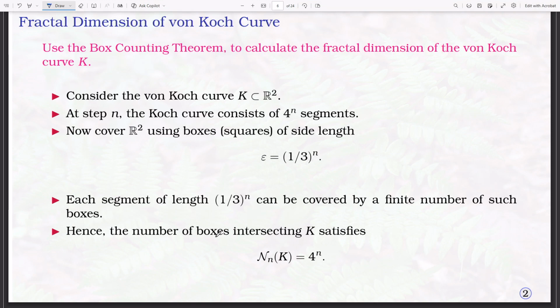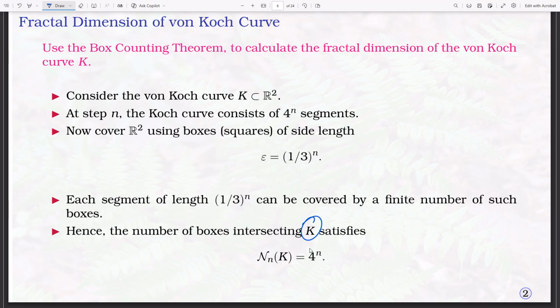Hence, the number of boxes intersecting K, because we need to find the box dimension of K, the attractor von Koch curve. The minimum number of boxes required to cover K is 4 power n.